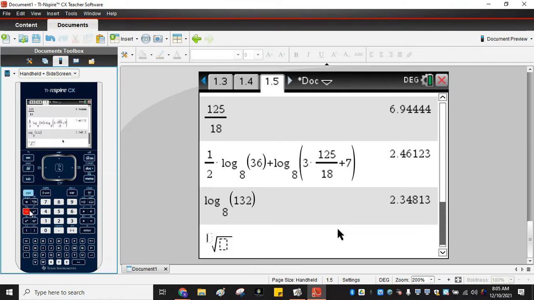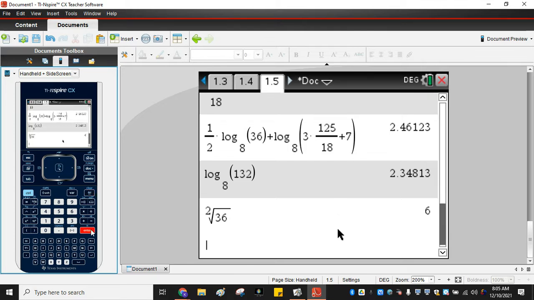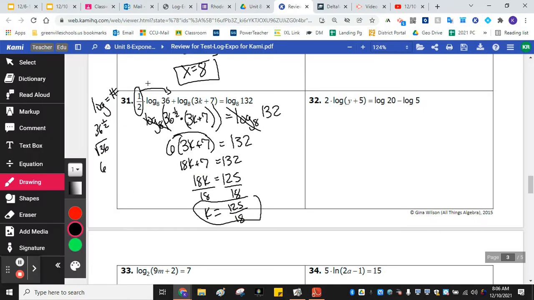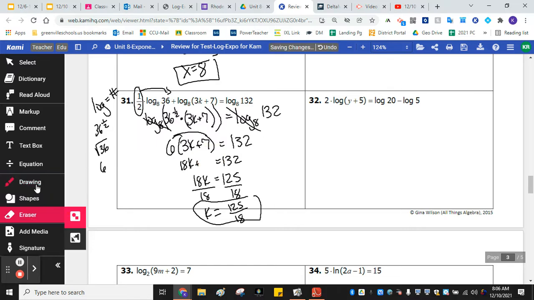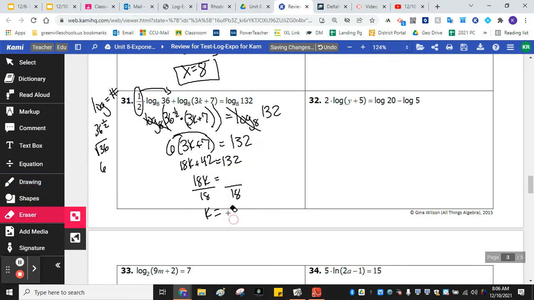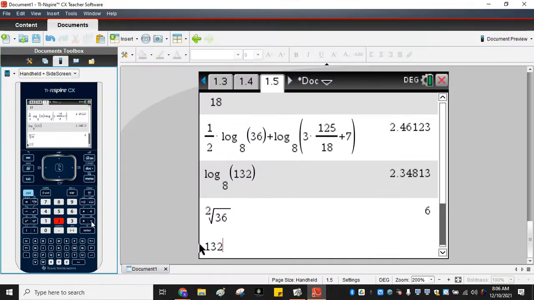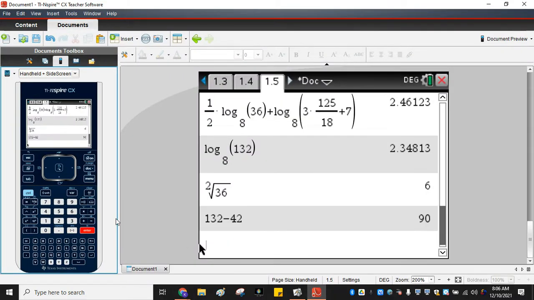The square root of 36 is 6. I multiplied it. Oh, I didn't multiply the 6 and the 7. Why I check my answers. So that's 42. So then I'm going to subtract over 42 and get 90.